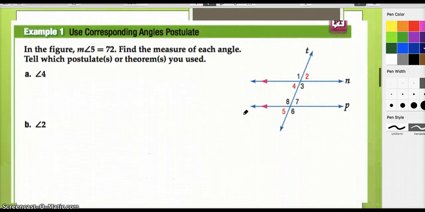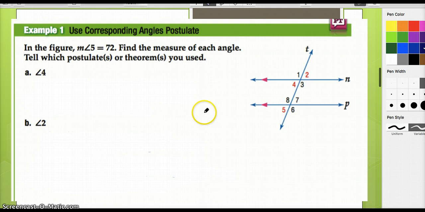So let's go ahead and use that information to help us out with example 1. In this figure, the measurement of angle 5 is 72 degrees. Find the measure of each angle and tell which postulate or theorems you use. Well, since they ask us about angle 4, angle 4 has to be the same as angle 5, and the reason why is because we just learned if we've got two lines that are parallel, as we have here, that are cut by a transversal, corresponding angles are congruent.